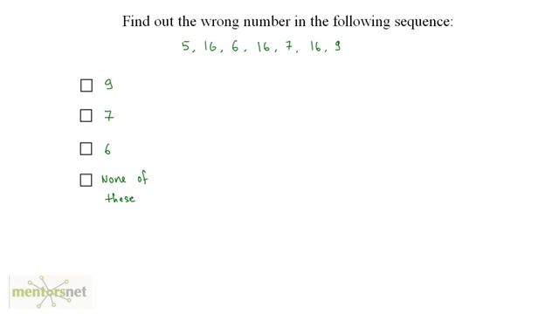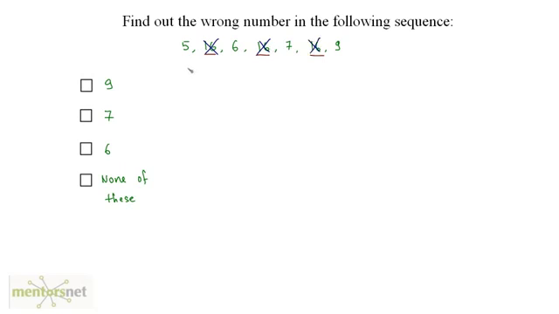Now what could be the answer of this question? Well, if you observe carefully, you are seeing this 16 as a constant, right? Every alternate number is 16, and if you look at the other numbers, we have just removed 16 now.